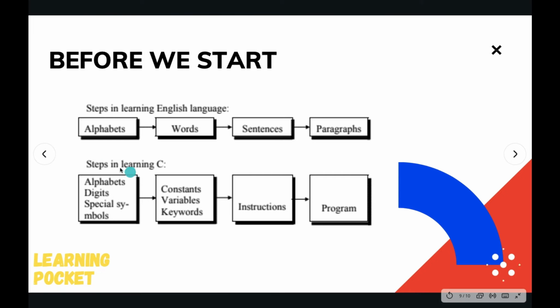Similarly, in any programming language, say C, we have alphabets, digits, and special symbols or special characters, and we use them to make constants, variables or keywords, and these are also called tokens, and these things are also called the C character set. Then these tokens are used to make instructions, and the group of instructions is our program. So this is the basic skeleton of any programming language.